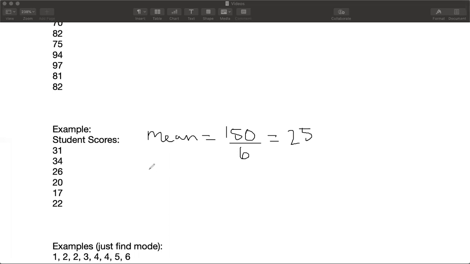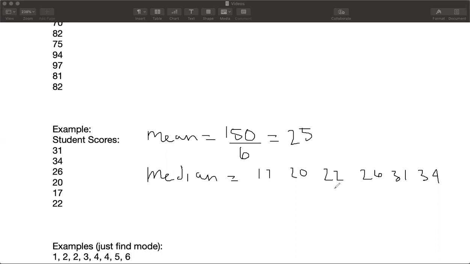Now, if we find our median, we need to order all of these values from lowest to highest. So we'll do 17, 20, 22, 26, 31, and 34. Now we have 6 values here. In the previous example we had 7, so we found an exact number that was in the middle there. When we have an even number of values in our set, then the median's a bit harder.